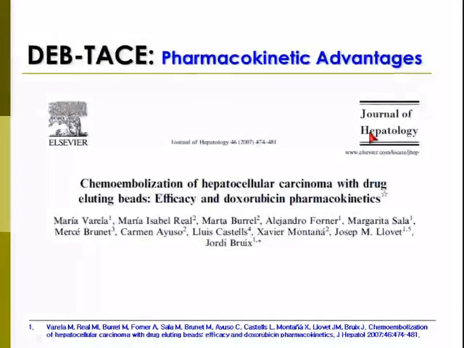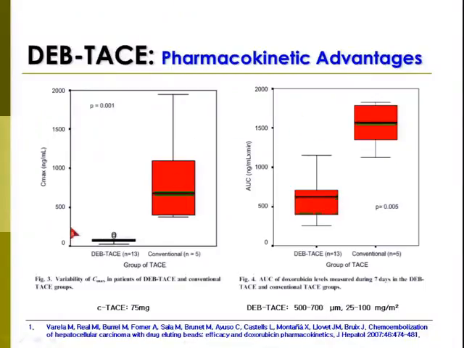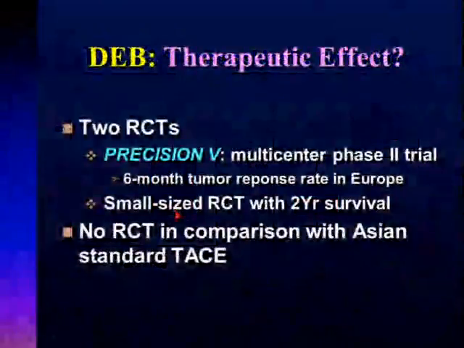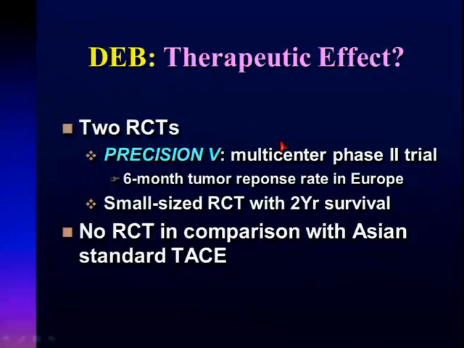Clinical trials also demonstrated the pharmacokinetic advantage of DEB-TACE. You can see a dramatic difference in serum level of doxorubicin between DEB-TACE and conventional TACE. How about therapeutic outcome? Currently, until now, there are 2 RCTs available. In Asian countries, still there is no RCT.